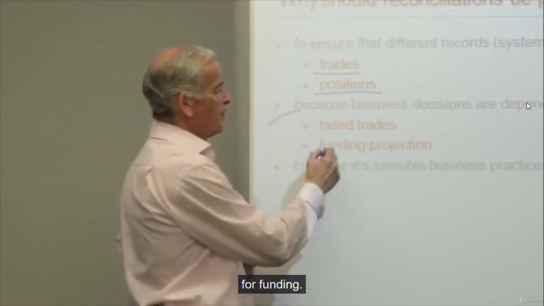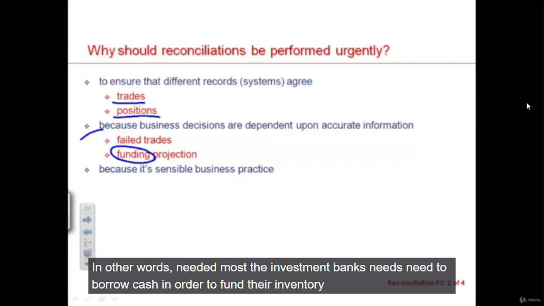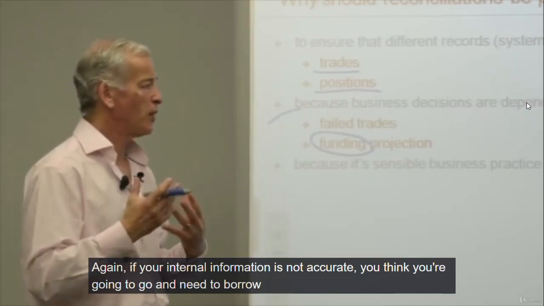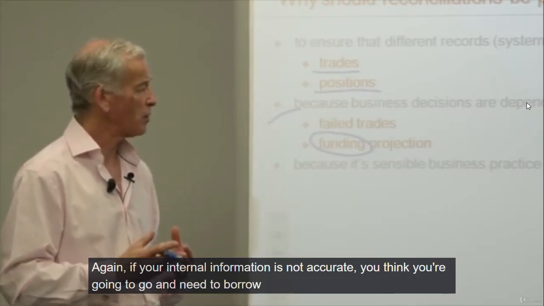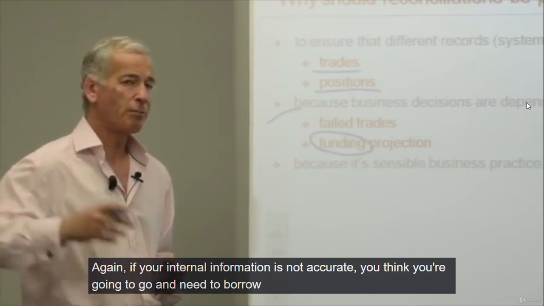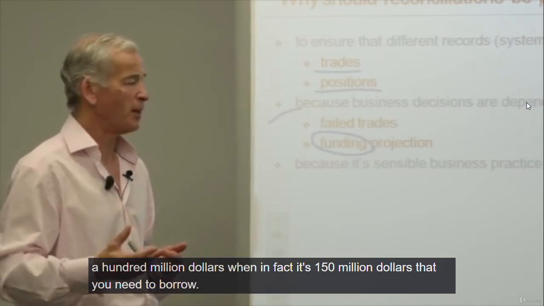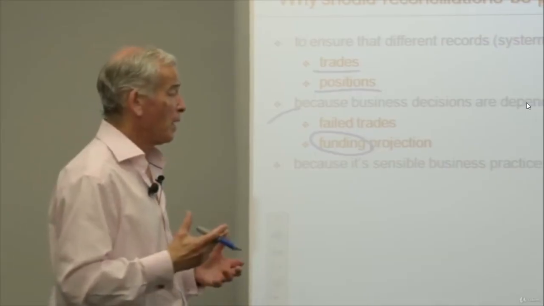Also, for funding. In other words, most investment banks need to borrow cash in order to fund their inventory of securities. Again, if your internal information is not accurate, you think you're going to need to borrow $100 million when in fact it's $150 million that you need to borrow.